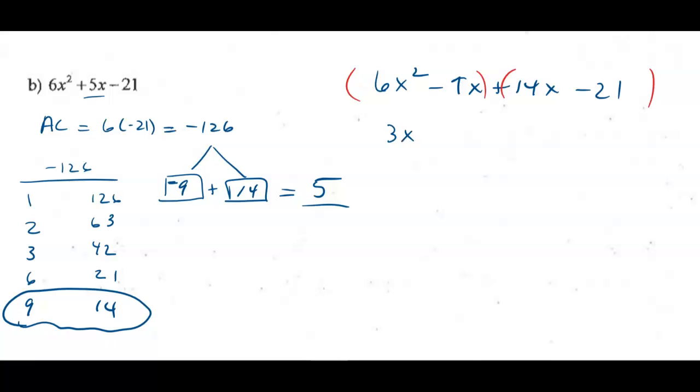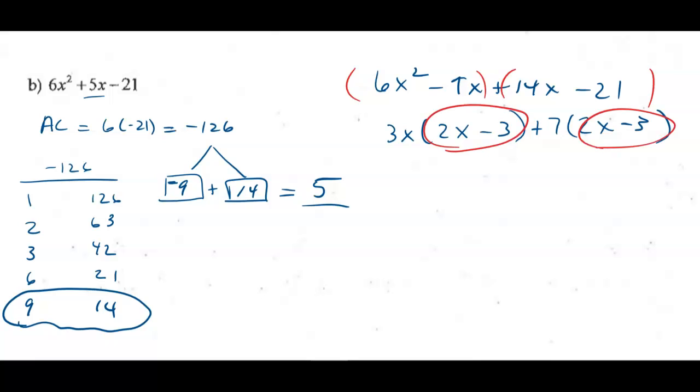I would take a 3x, and I get 2x minus 3 plus 7, 2x minus 3. You know you did it right when these two are the same. So you write that one down, and then whatever's left. And there's your answer. That's your AC method.